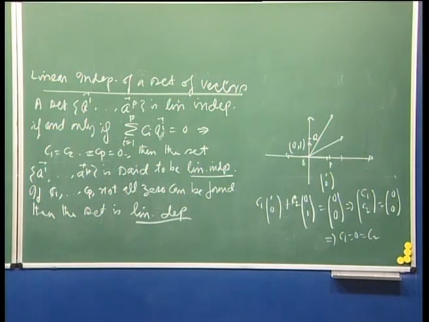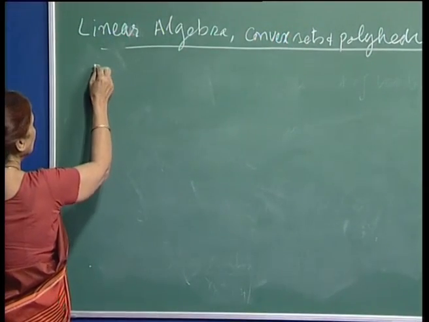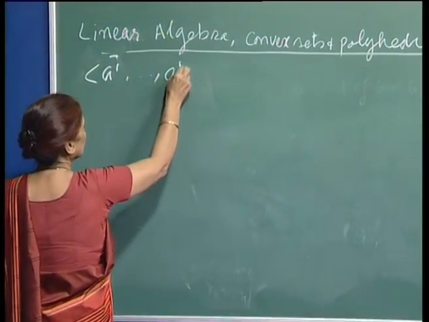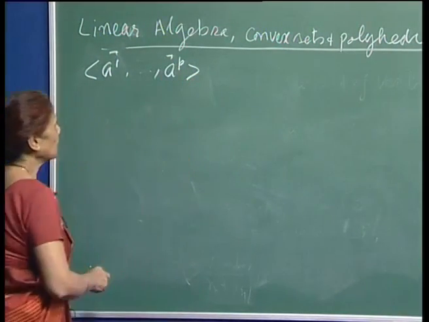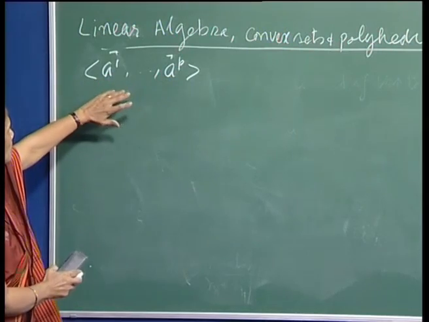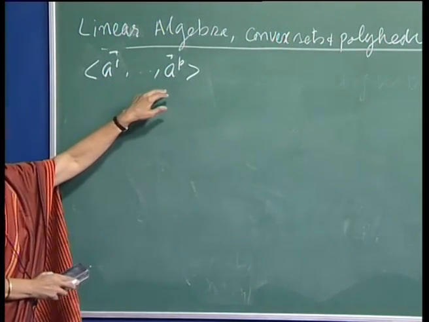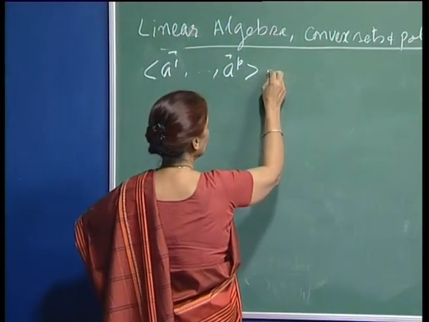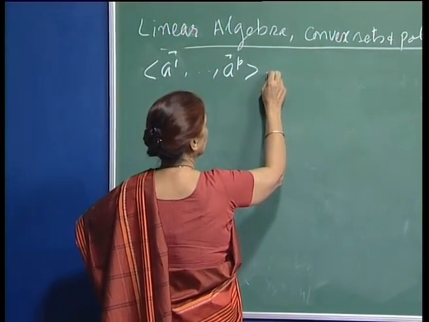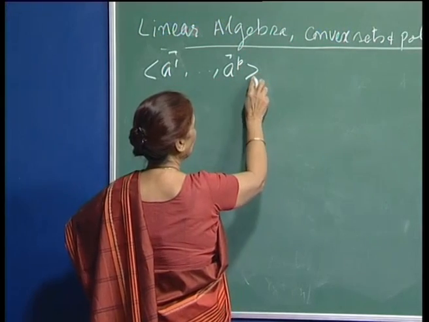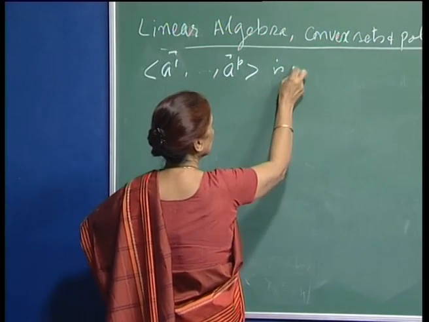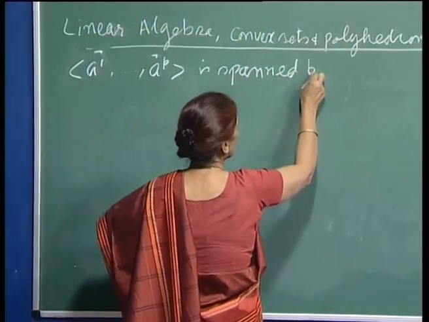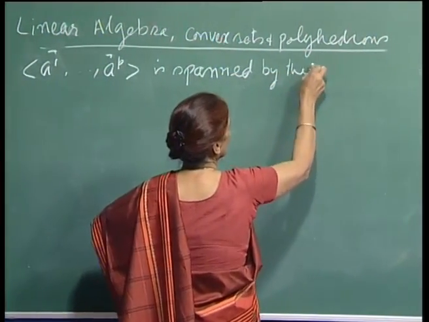So now what I will say is that for this set, which I said was the collection of all possible linear combinations of the vectors A1 to AP, this subspace, the set of all linear combinations, is spanned by the vectors.